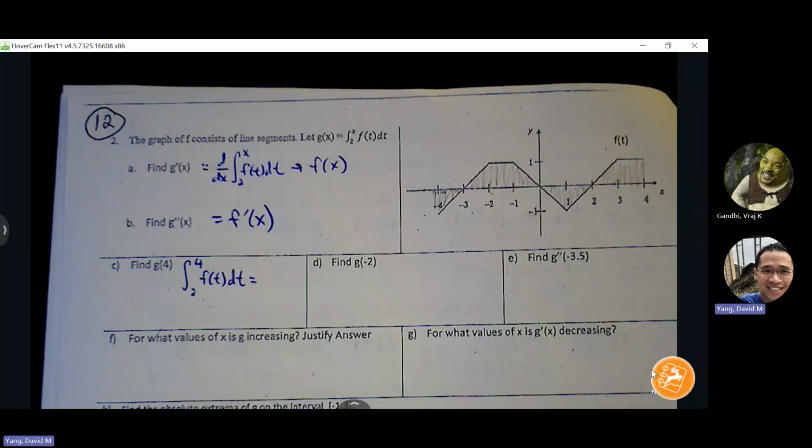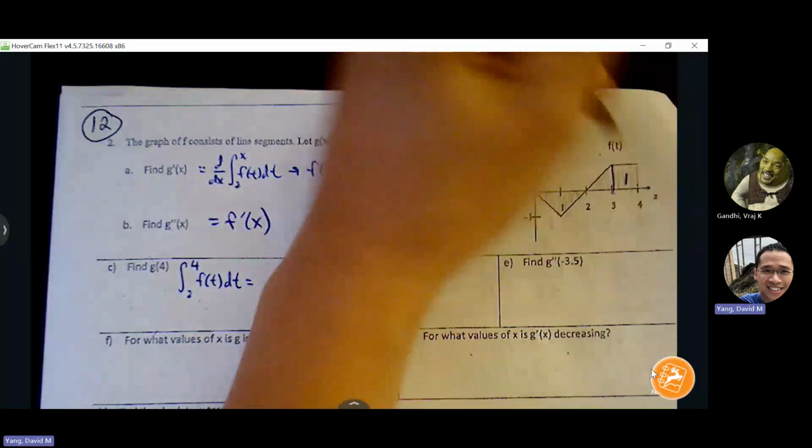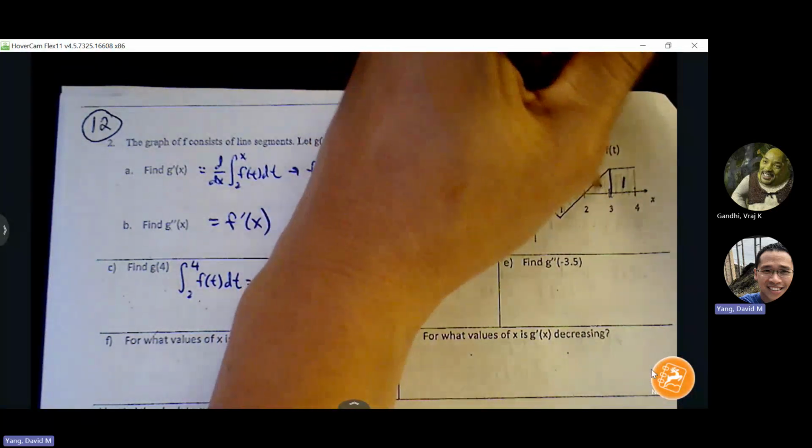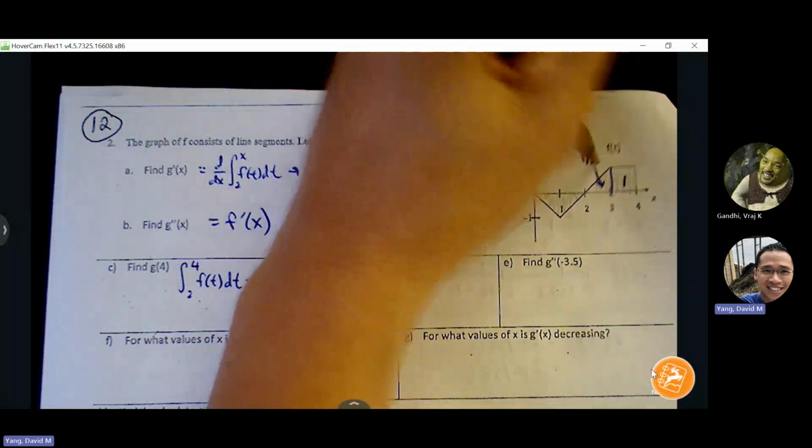Let me go ahead and just label everything I see here. So I see a rectangle, a square.